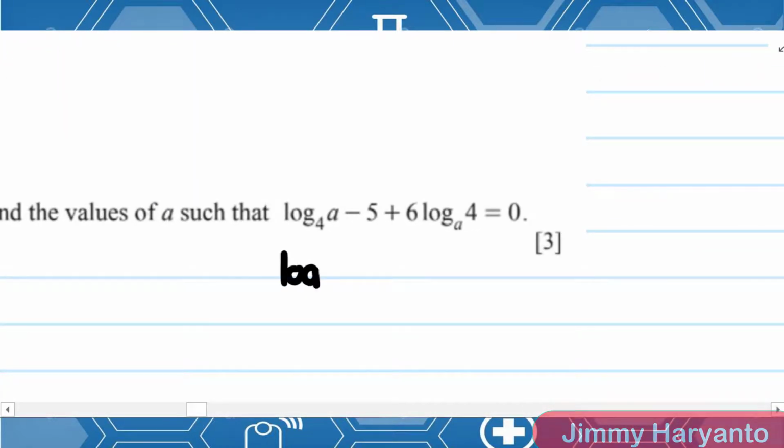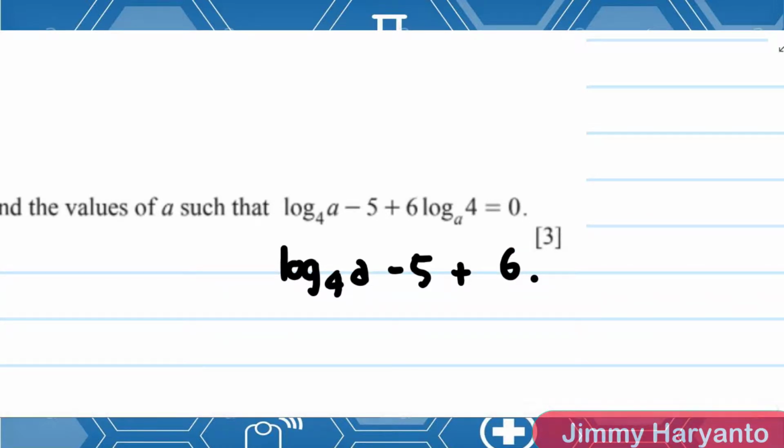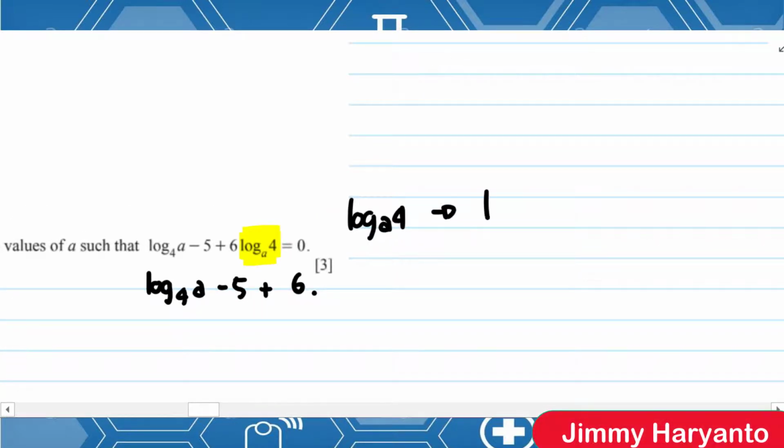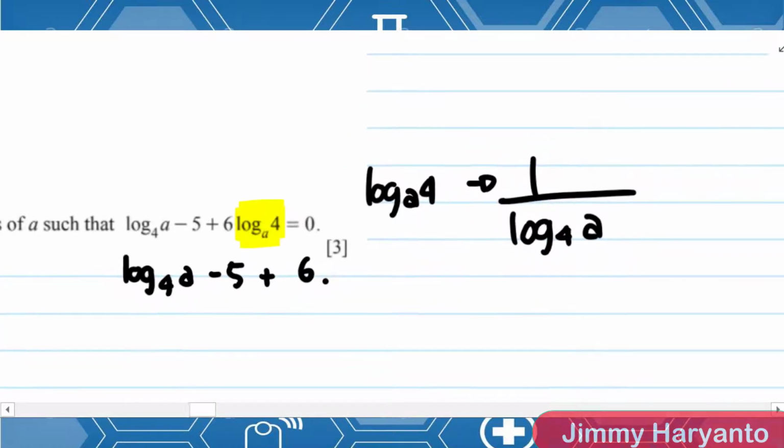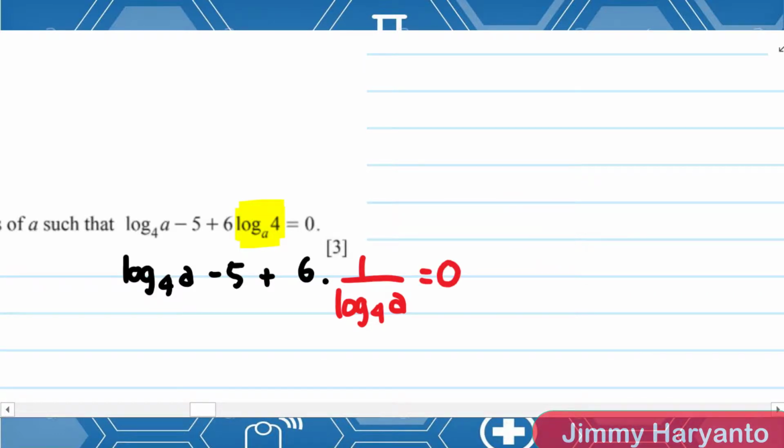First, I want to change this logarithm. If you have log a 4, you can change it into 1 over log 4 a. There are properties of logarithm that say like that. So for this one, I can change it into 1 over log 4a, and the equation equals 0.